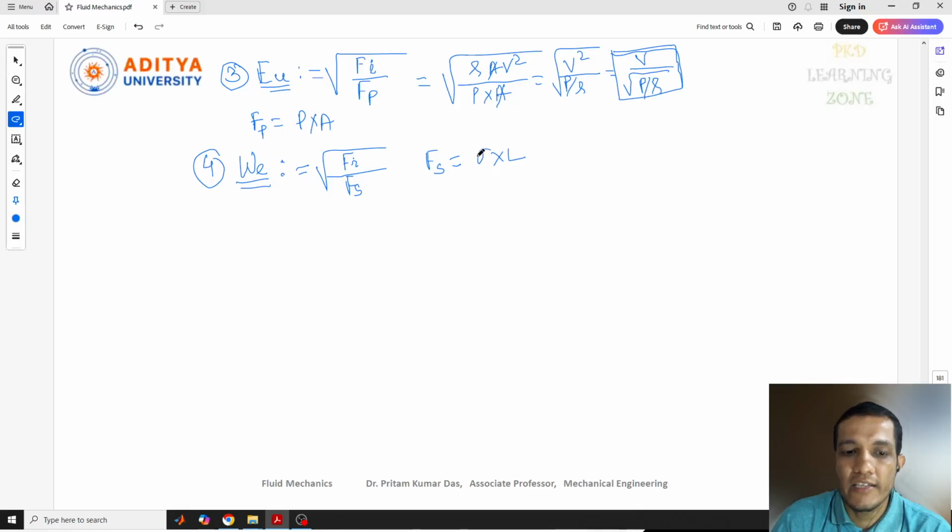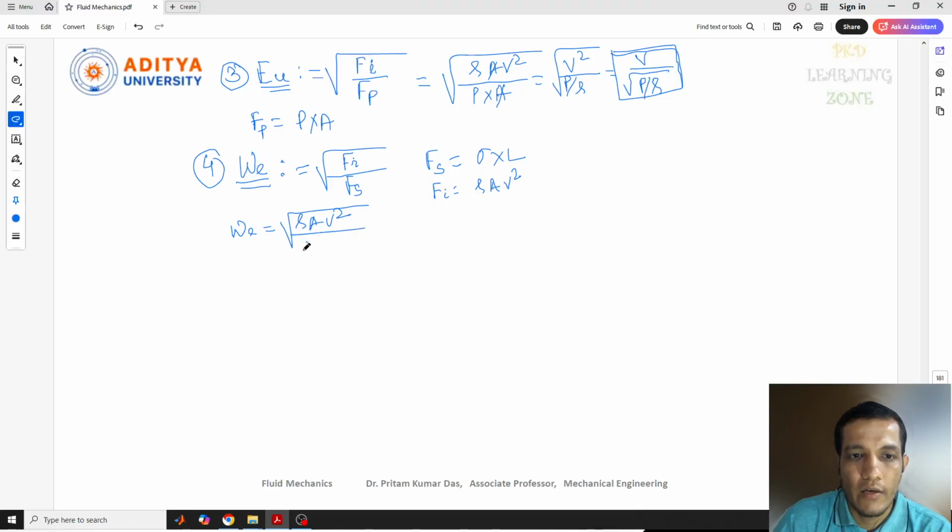sigma into L, the surface tension per unit length into length. So we'll just put the value directly here, because Fi we have already solved, this is rho A v square. We can write Weber number equal to root over of rho A v square divided by sigma into L. Area we can write as length into length, or length into breadth, so that is L square, and this is v square.